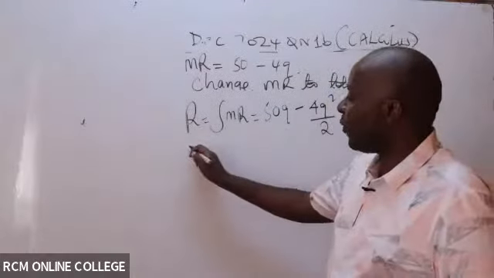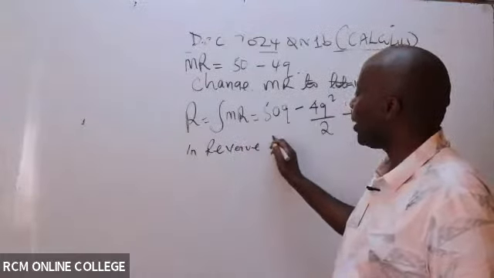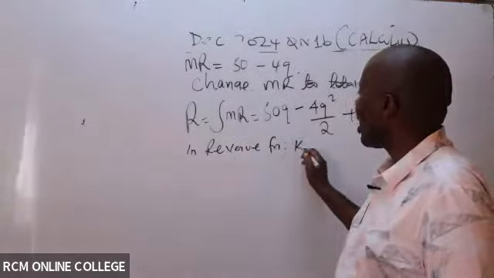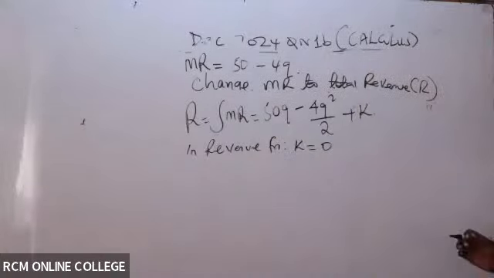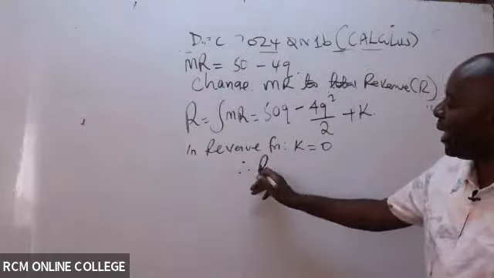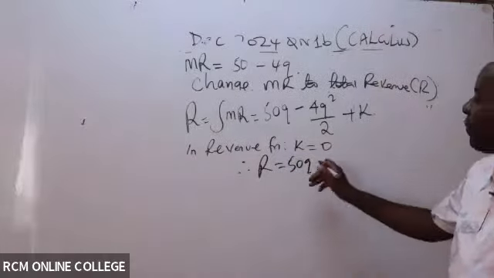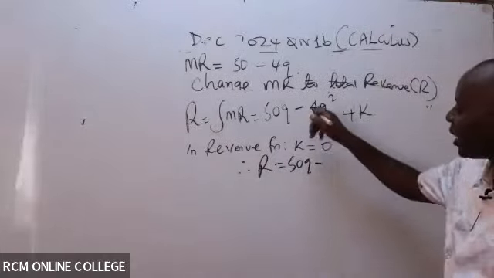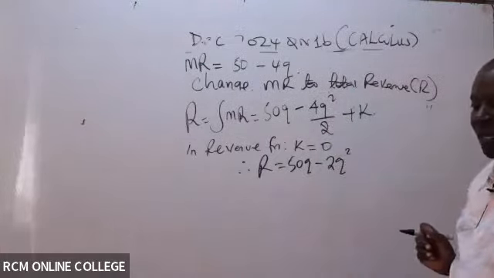So in the revenue function, k is always equal to what? To 0. And therefore, my revenue will be 50q minus, check this out, this and this will give me 2 minus 2q squared.